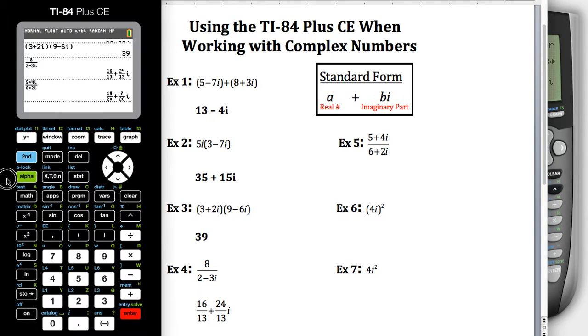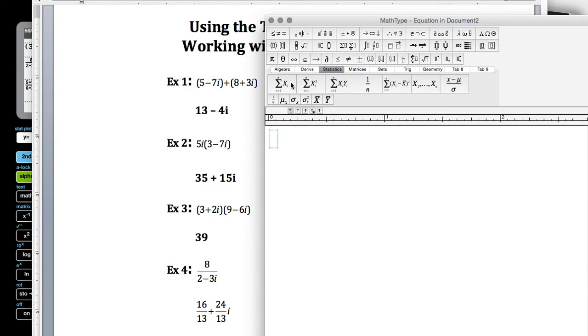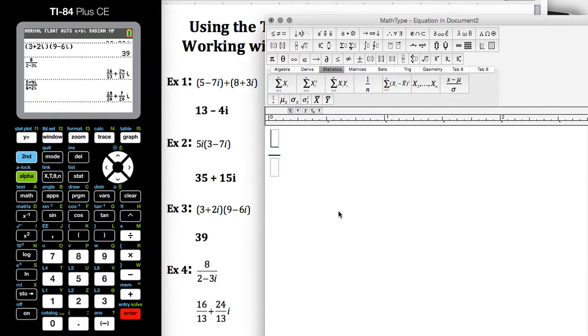So already forgetting that one here, let's do this. Pull it up, need a fraction. It was 19 over 20 plus 7 over 20, and with the i there.